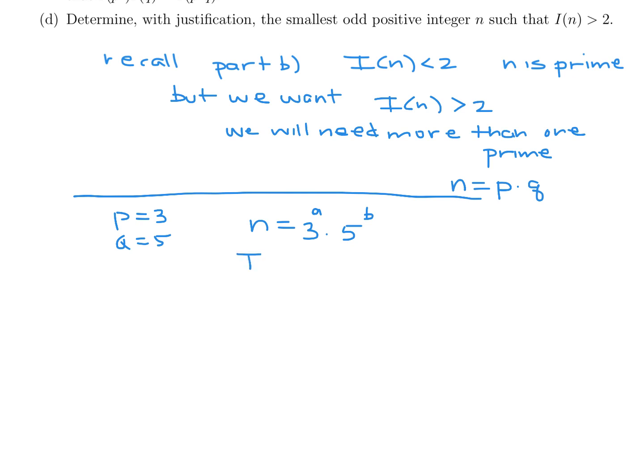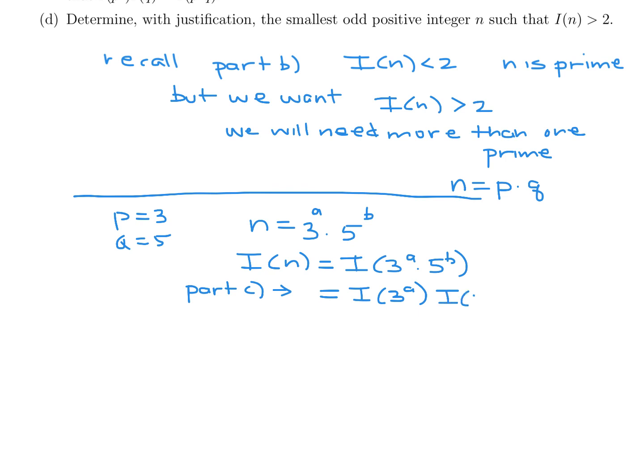And therefore, I of n, in this case, would be I of 3 to the power of a times 5 to the power of b. And we can split this up, right? From, remember, part C, we were able to conclude that this can be split up. The properties allow us to split them up like that.